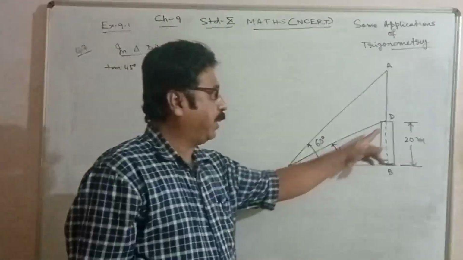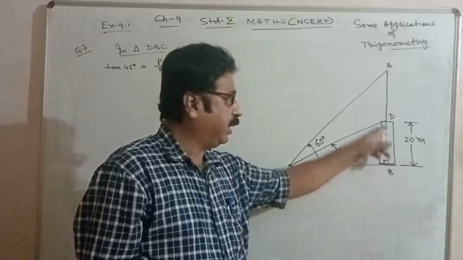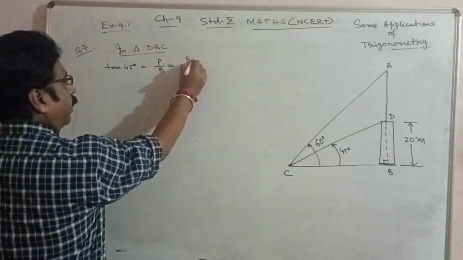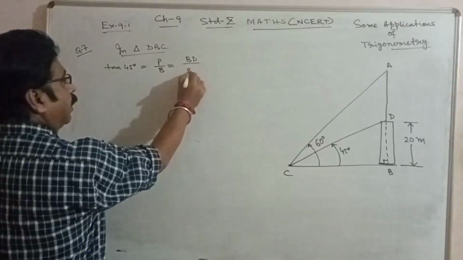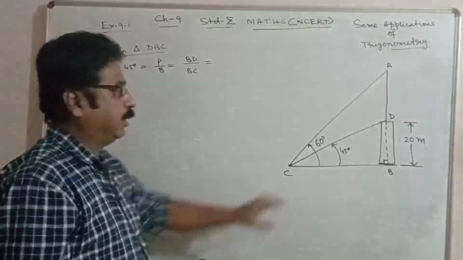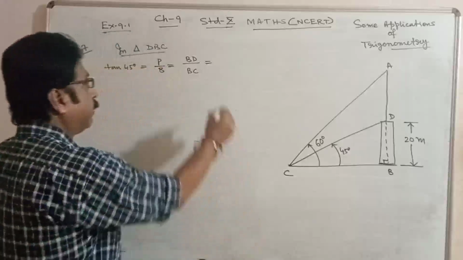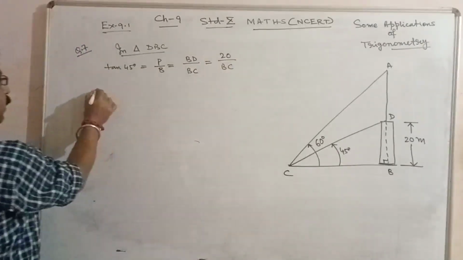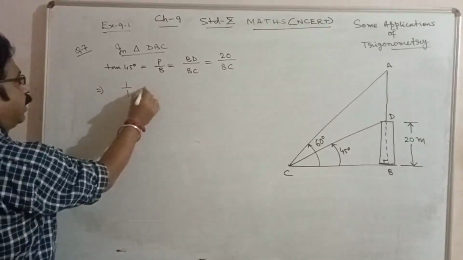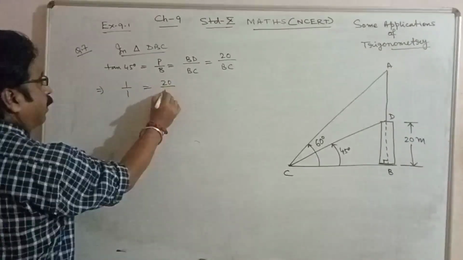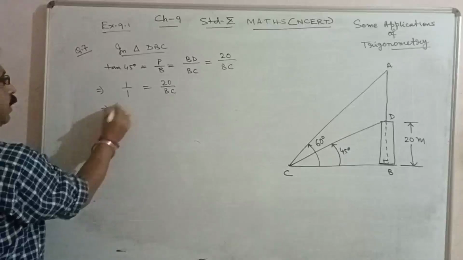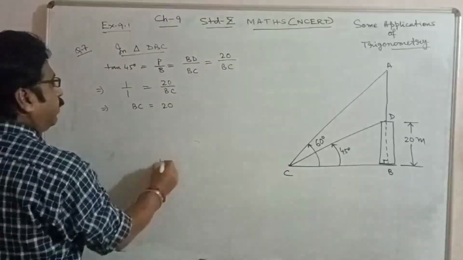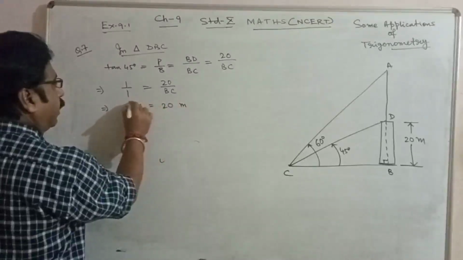For 45 degree, perpendicular is BD, base is BC. BD is known, BD is 20 meter. Tan 45 means 1, so we can write 1 upon 1 equals 20 upon BC. Then cross multiplication, BC will be 20 meter.